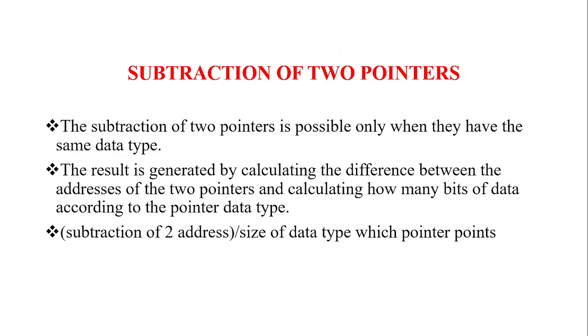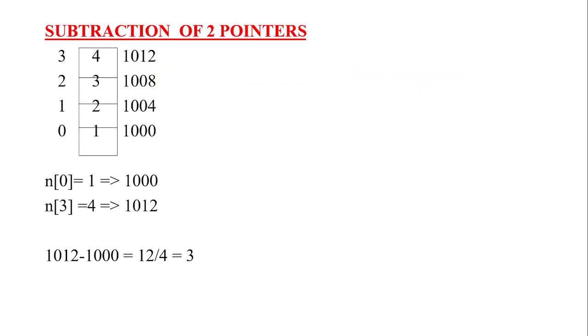Now subtraction of two pointers. Subtraction of two pointers is possible only when they have the same data type. The result is generated by calculating the difference between the addresses of the two pointers and calculating how many elements of data fit according to the pointer data type. So it is subtraction of two addresses divided by the size of the data type which the pointer points to. Right? So I have 4 locations 0, 1, 2 and 3. The address locations are 1000, 1004, 1008, 1012.